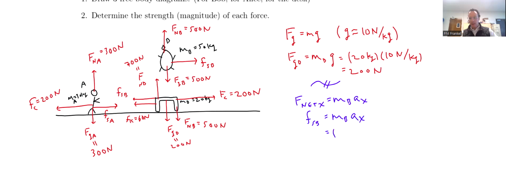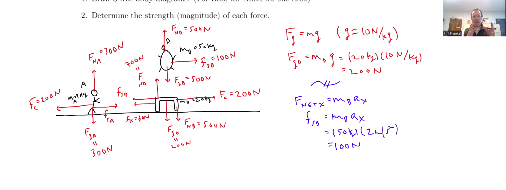And Bob is accelerating, I just found, at 2 meters per second squared to the right. 50 times 2 is 100 newtons. Therefore, it is a 100 Newton static frictional force pushing Bob to the right.